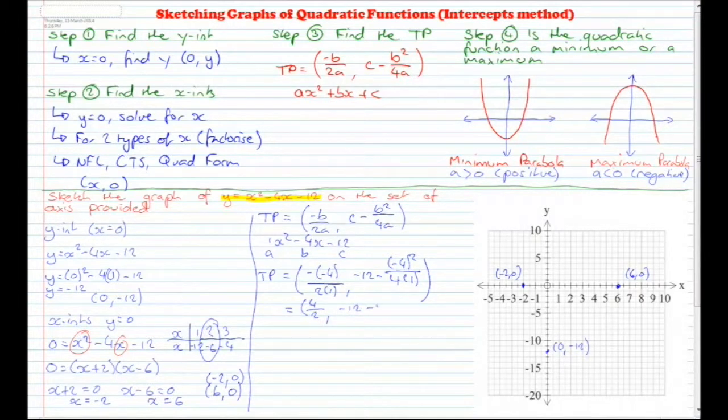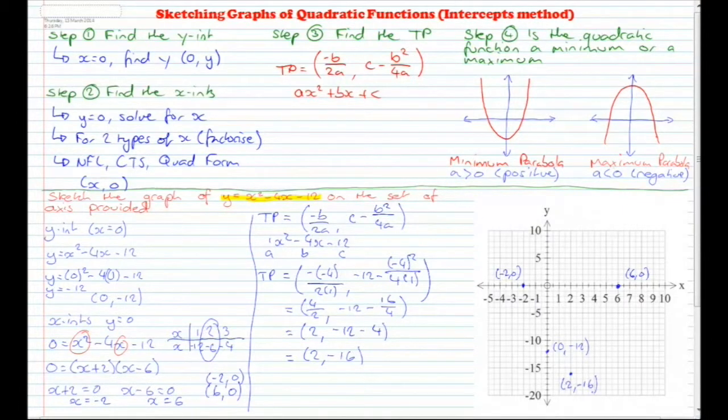Negative 12 minus negative 4 squared is 16 because the negatives become a positive. And 4 times 1 is 4. This cancels down to get you 4 over 2 is 2. And negative 12 minus 16 over 4, well that's negative 16 over 4, which is negative 4. Which gets us 2, negative 16. So let's go through and plot that point now. So you go to 2, down to negative 16, and we draw a dot. And we write 2, negative 16.